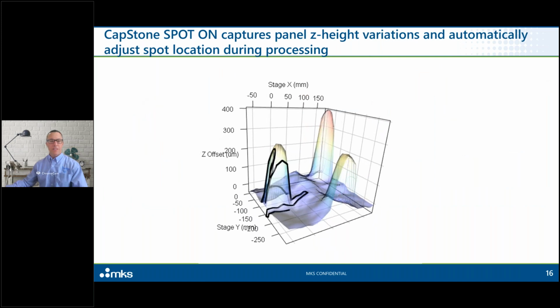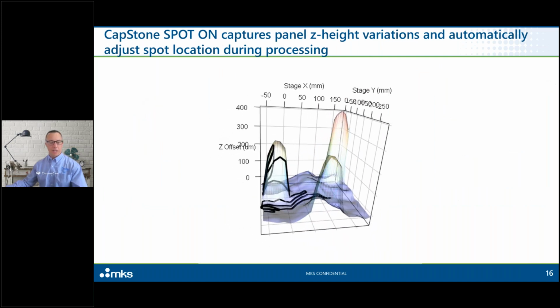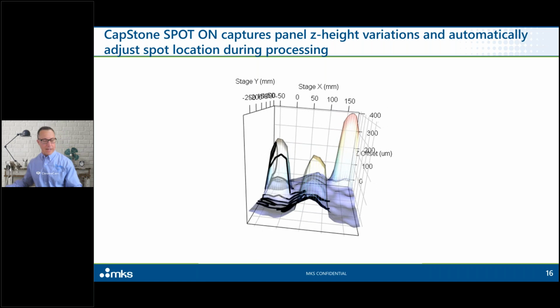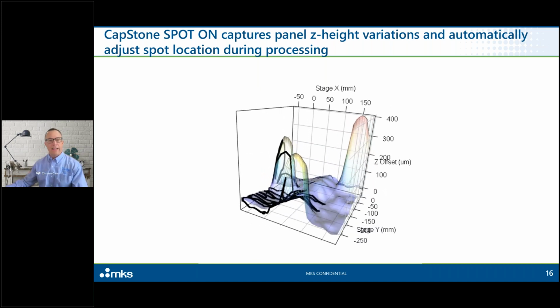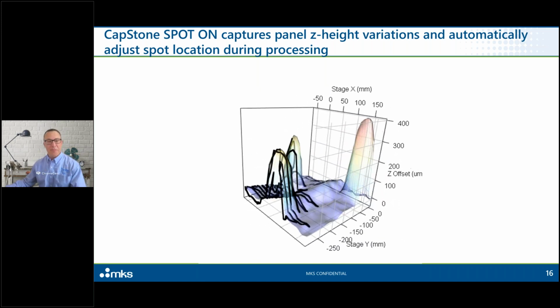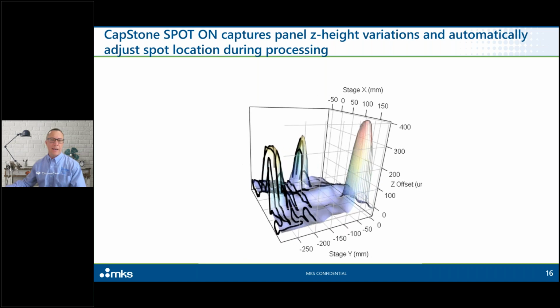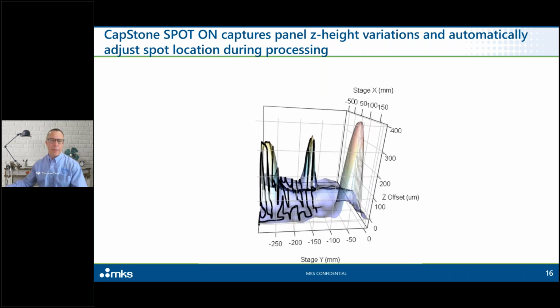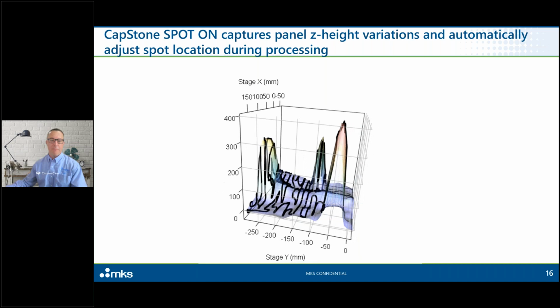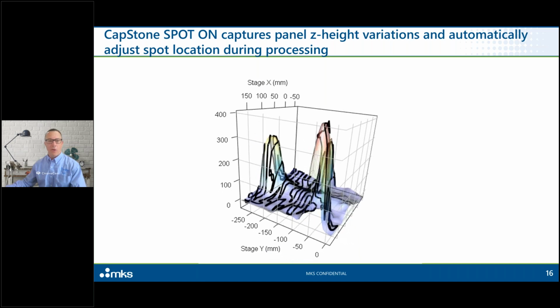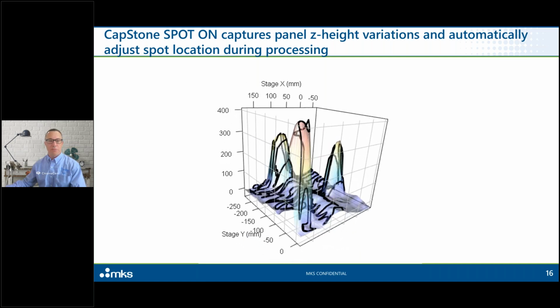All right, I wanted to show a graphic of that. Actually, there's a video that shows what is happening. So what we have here is a 3D map of a panel where we've added some shims under the panel.